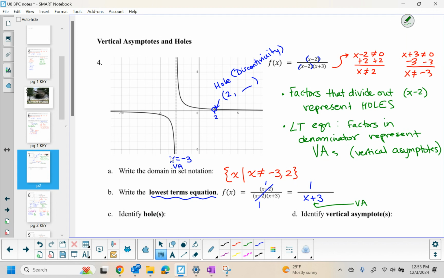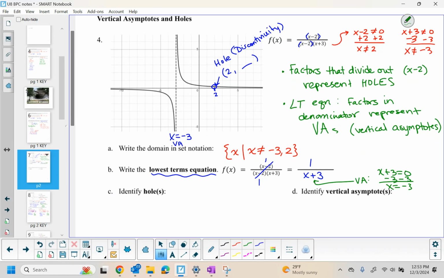Okay, so I know that I have a VA, a vertical asymptote, at x equals -3. So when I write the vertical asymptote, I am going to identify it as an equation of a line, because that is a vertical line.